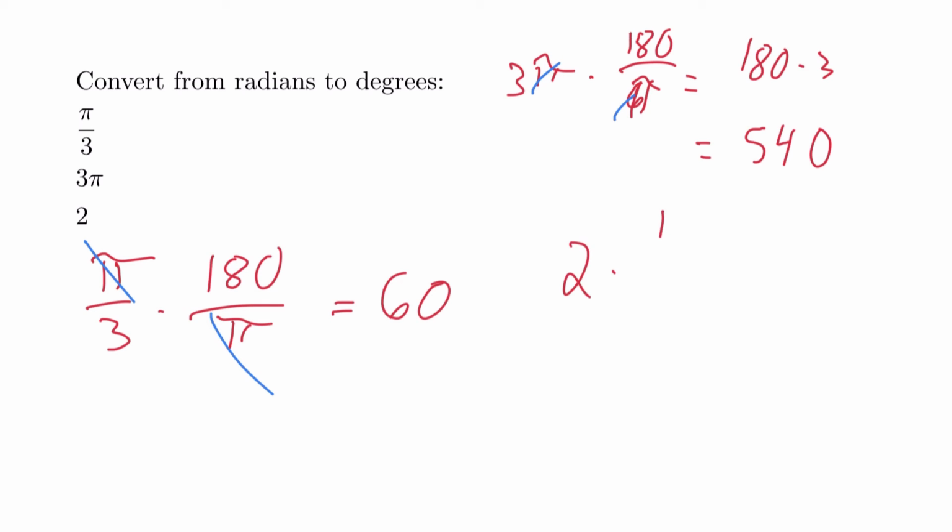So 2 times 180 over pi is 360 over pi. And there's not necessarily anything simple we can do with that. It's some sort of very long, infinitely long decimal expansion. It doesn't come out cleanly in this case. But that's okay. It's still useful for calculations as long as you had a calculator.